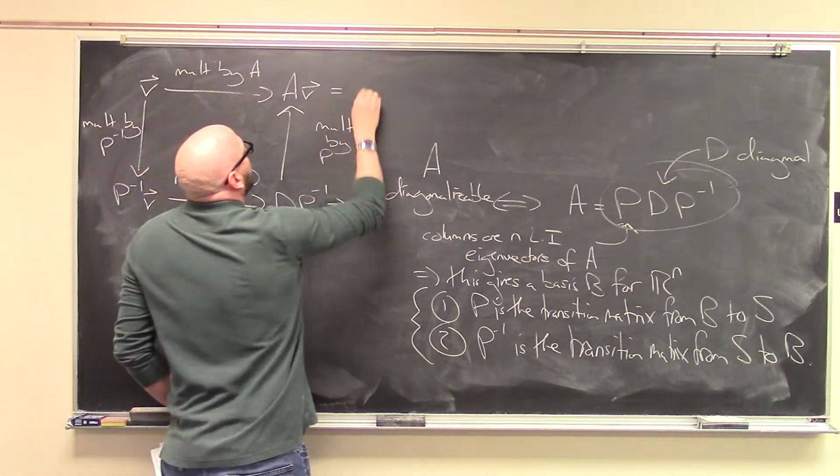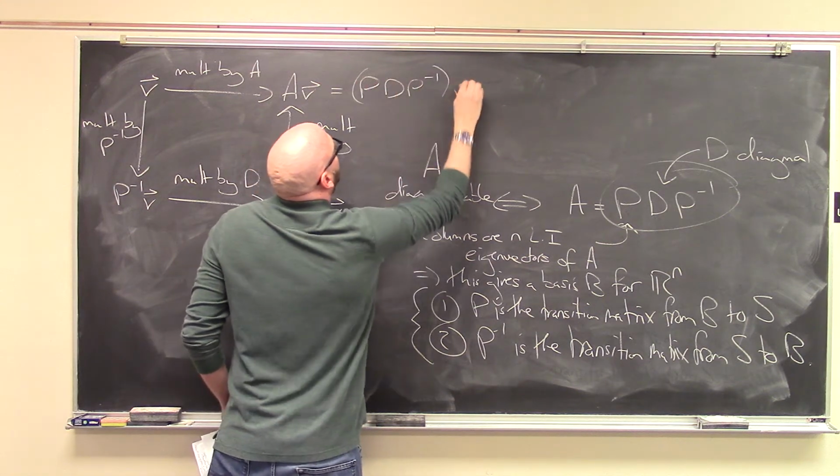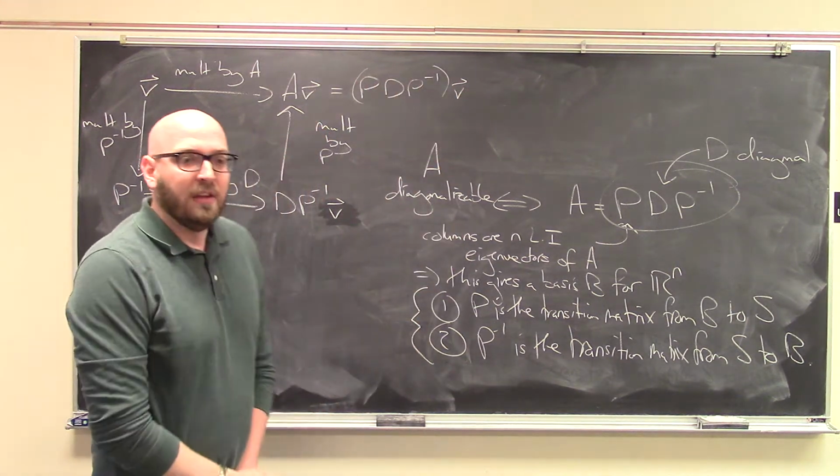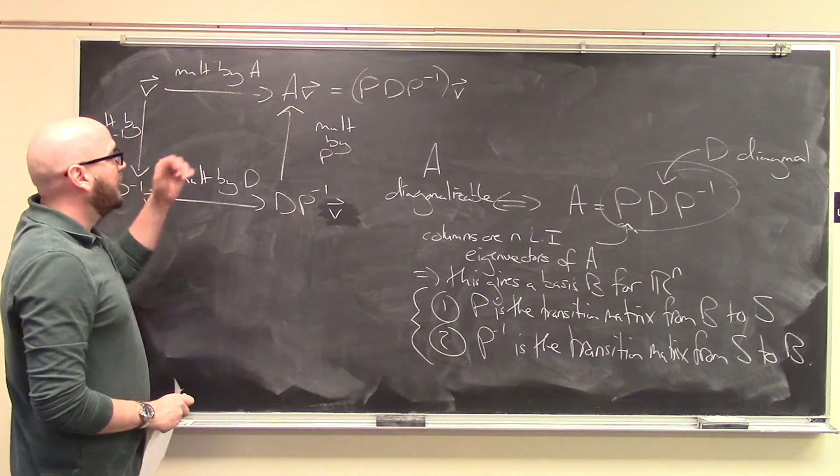So A times V is the same as P times D times P inverse times V. That's just what it means to be diagonalizable, that I have this diagram.